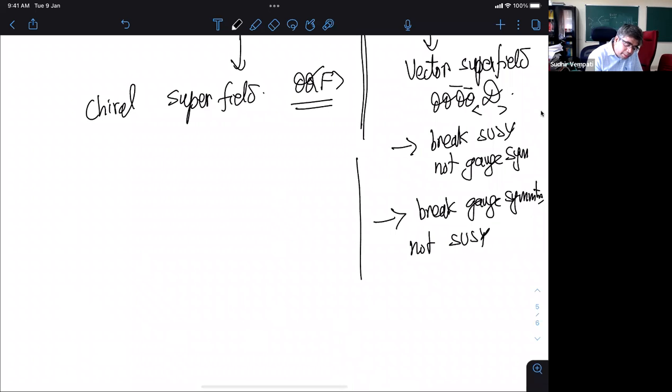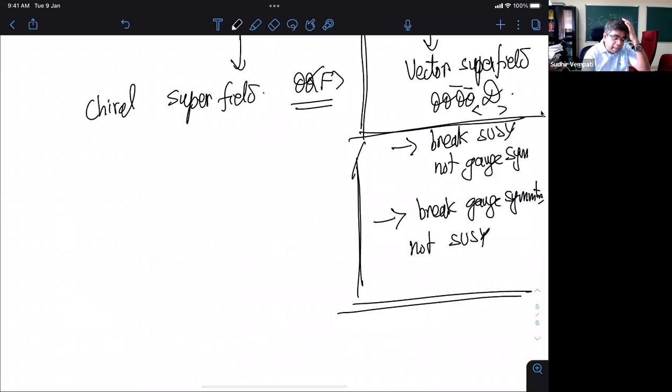So those two conditions are possible, depending upon the choice of the parameter space. In D-type breaking, you have both conditions: either supersymmetry is broken, not the gauge symmetry, or you can just break the gauge symmetry, not supersymmetry. That's quite a possibility.